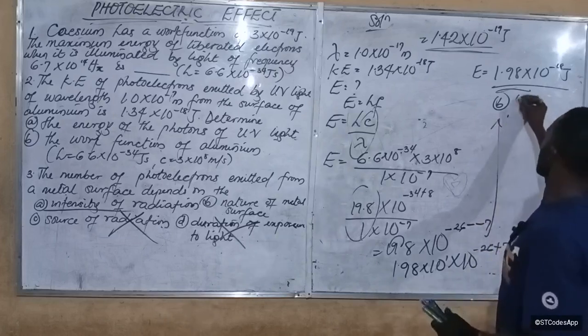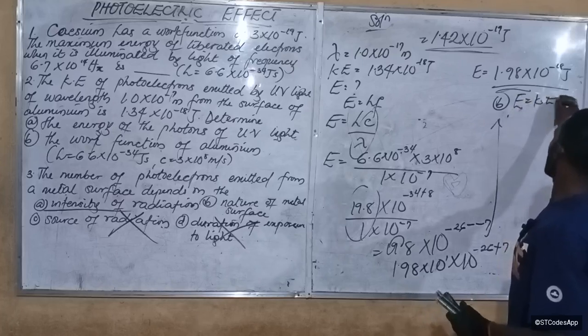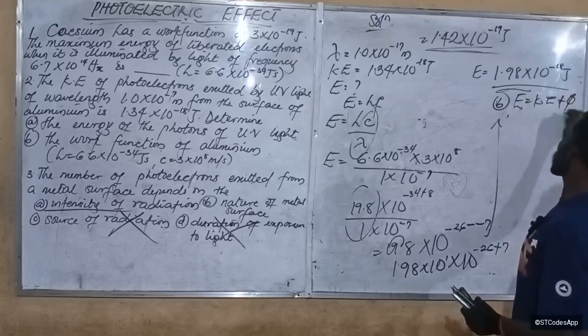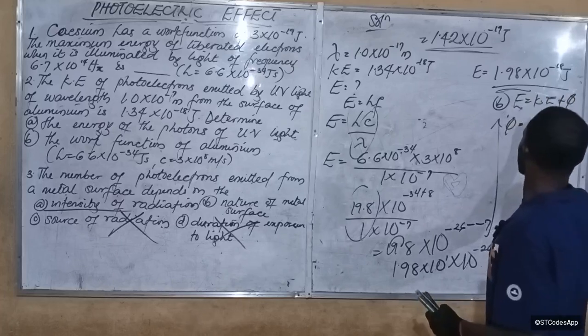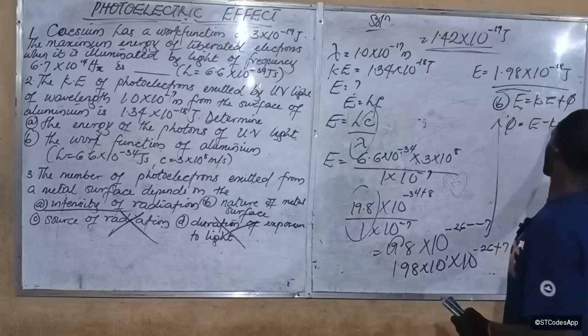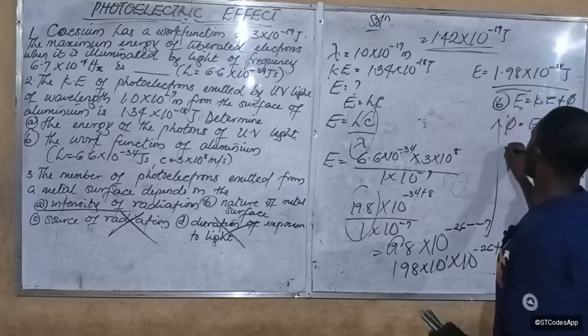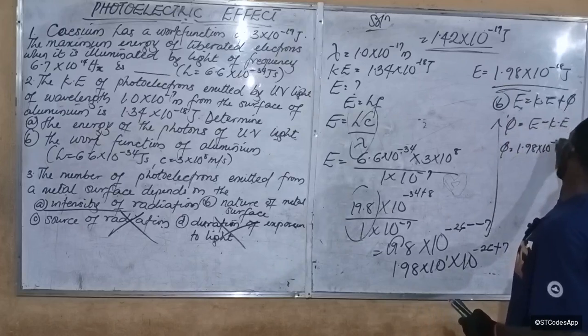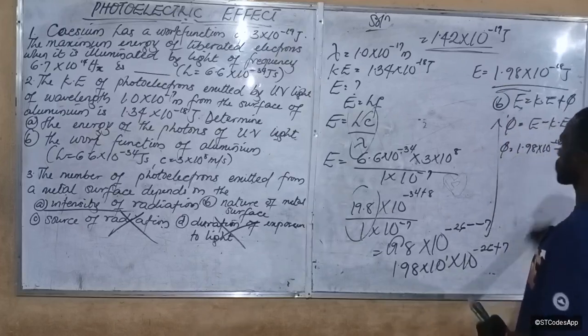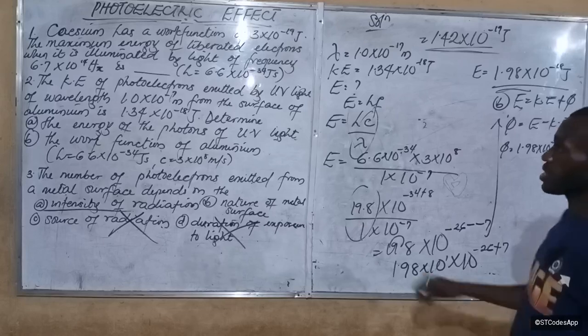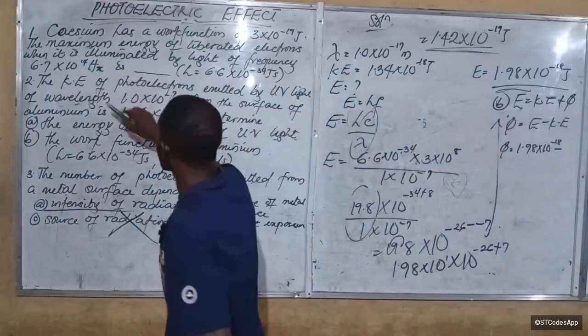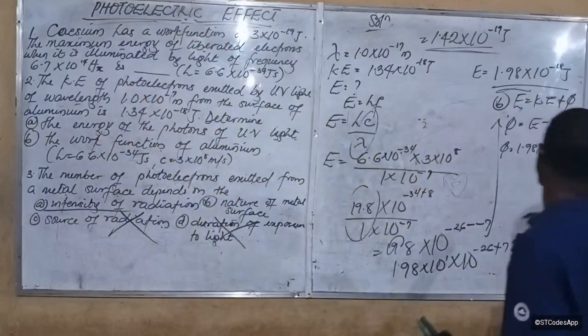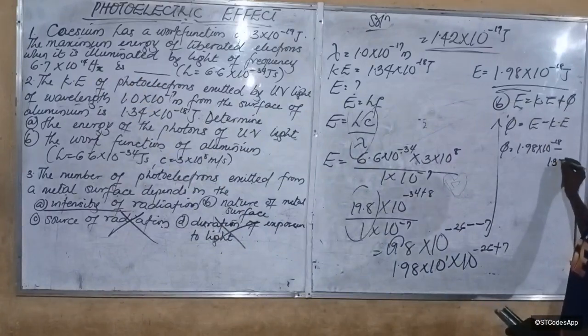Okay, we know that E is equal to KE plus the work function. So work function will be equal to E minus KE. Is that okay? And E is this, so work function is equal to 1.98 times 10 to the power minus 18 minus KE. The KE is given as 1.34 times 10 to the power minus 18.